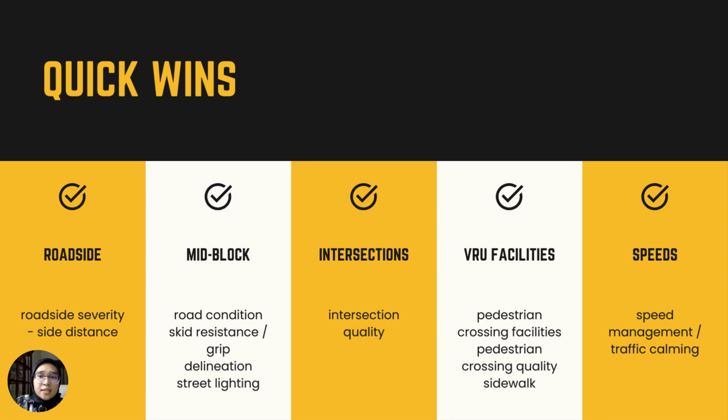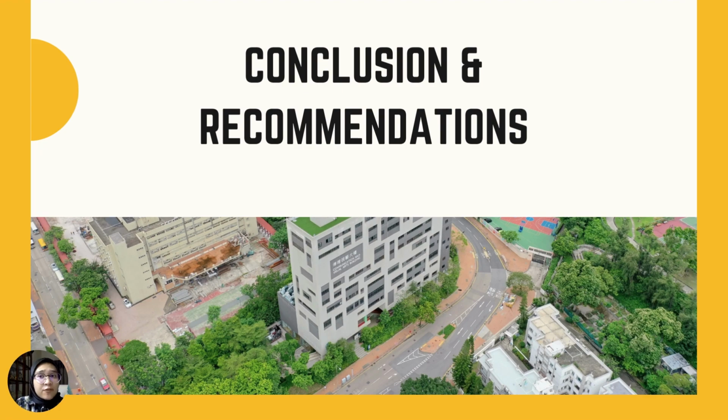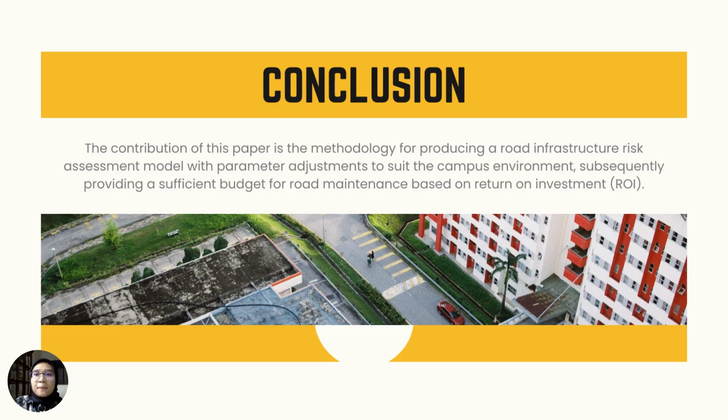Next is improving intersection quality. Fourth, improving VRU facilities, including pedestrian crossing facilities, pedestrian crossing quality, and sidewalk. Lastly, improving speed management.